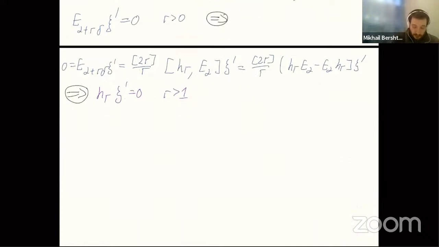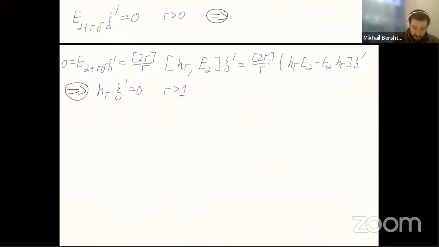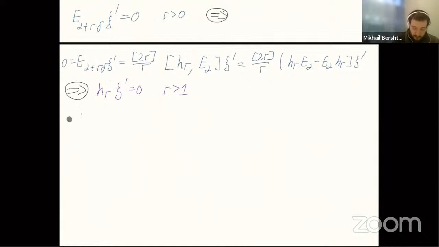Okay, now let me give it as a definition. So we define the representation, which I denote by L plus. Maybe I should call it a proposition.